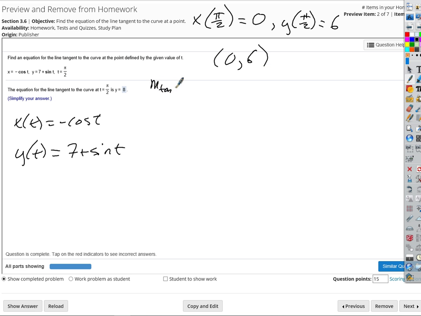The slope of the tangent line is just gonna equal y prime at t equals pi halves, because that's the value they're giving us, right? Why is it negative one? Oh, you're right. It's positive one, so it should be 8.